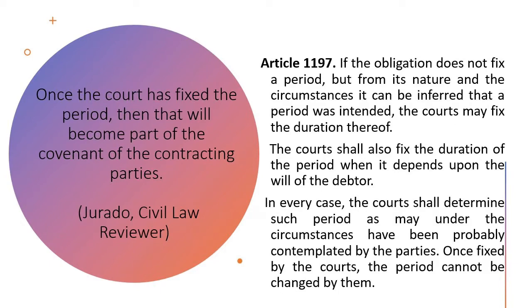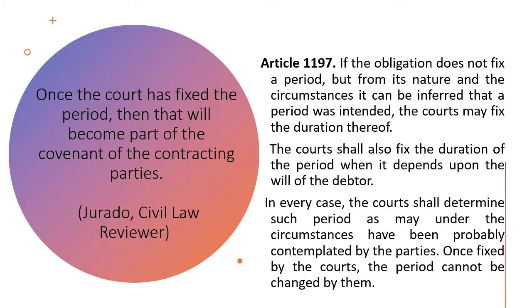Once the court has fixed the period, then it will become part of the covenant of the contracting parties. Article 1197. If the obligation does not fix a period, but from the nature and the circumstances it can be inferred that a period was intended, the courts may fix the duration thereof.